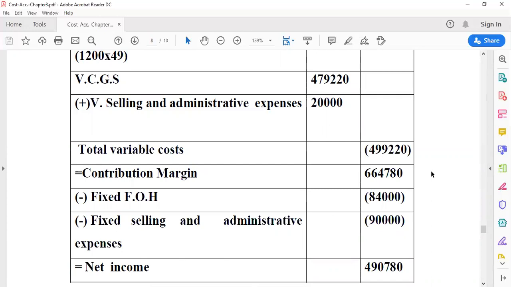Okay, here this is the second difference between the two theories. Before subtracting the fixed selling and administrative expenses, we need to add the variable selling and administrative expense.